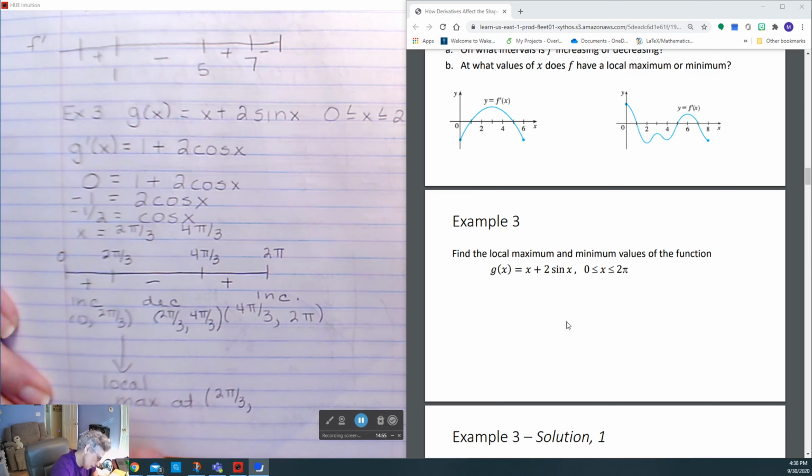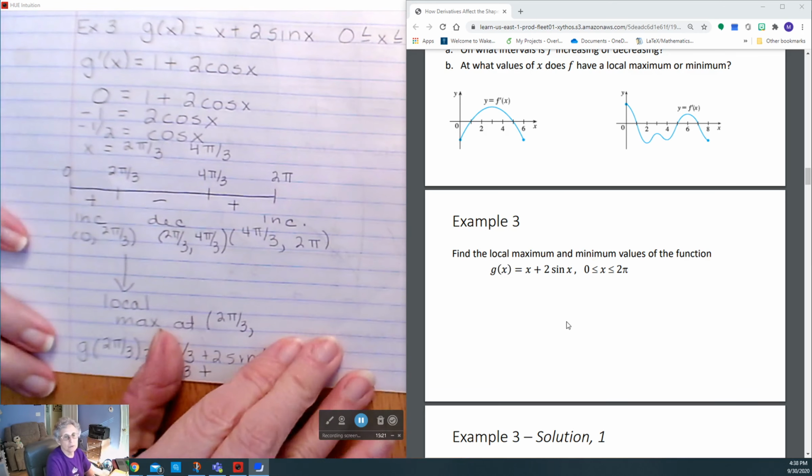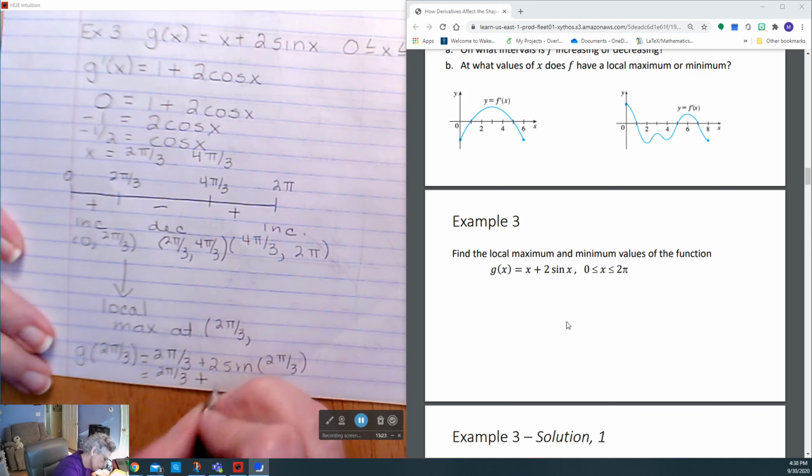So let's look at g of 2 pi over 3. That would be equal to 2 pi over 3 plus 2 times the sine of 2 pi thirds, and the sine of 2 pi over 3 is square root of 3 over 2.